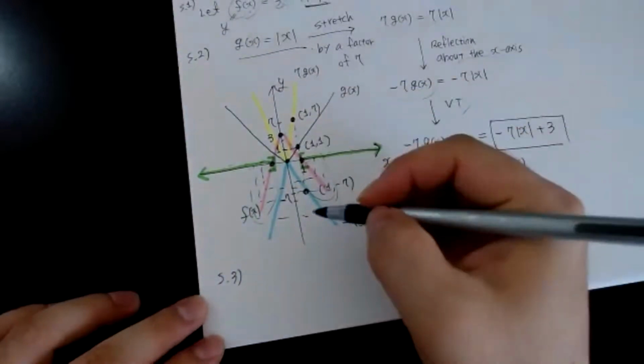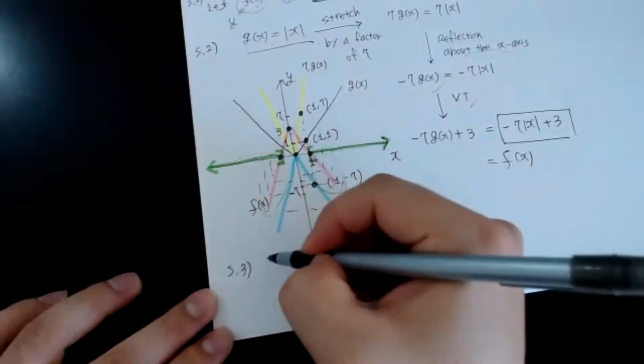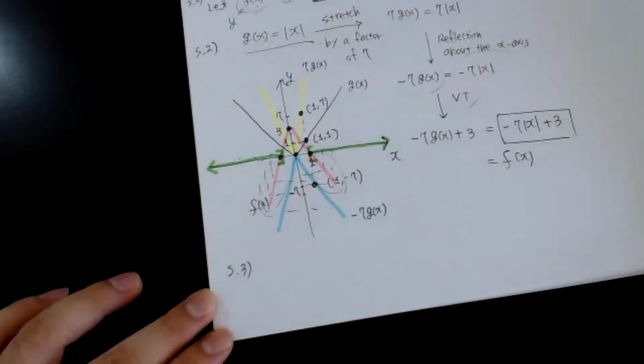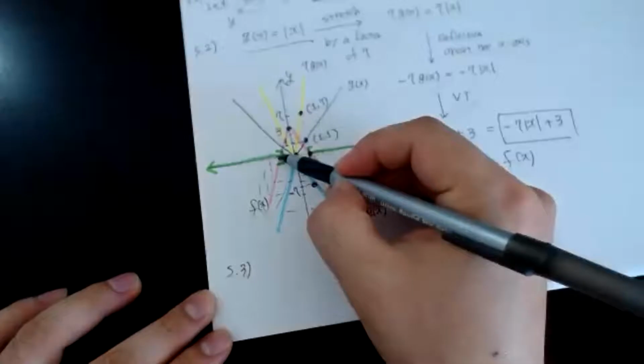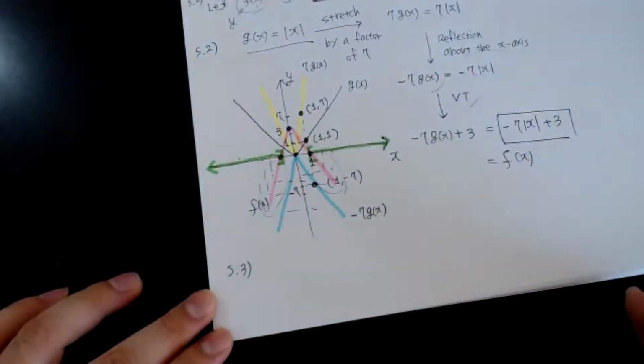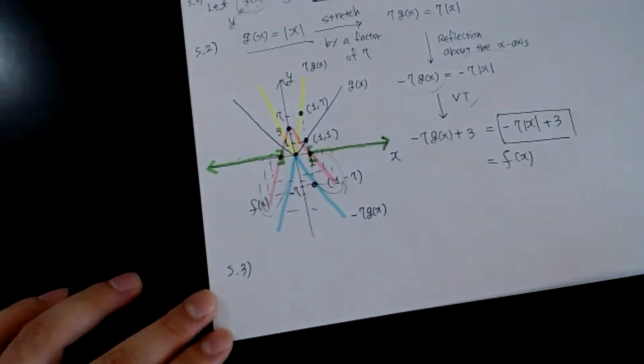So how can I find the x-intercepts? Those two x-intercepts, their y coordinate must be 0, right? Because these two points lie on the x-axis. It means that those two ordered pairs have a y coordinate of 0.